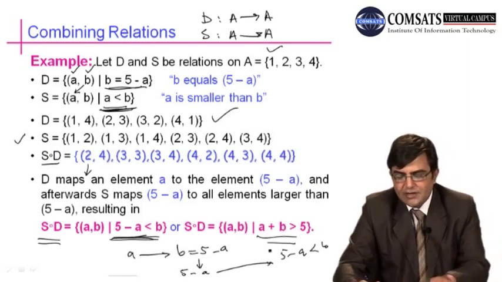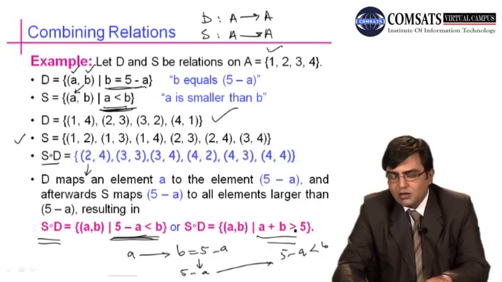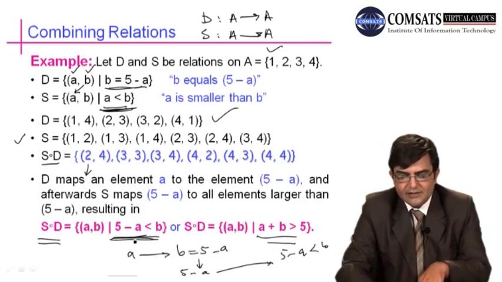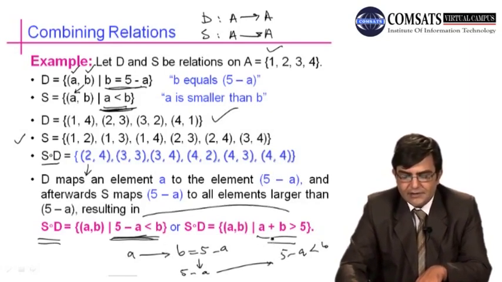So if we choose here 1 and B to be 1 or 2 or 3 or 4, we cannot have the sum of these two elements greater than 5, because 5 minus A is less than B, or we can write A plus B greater than 5.